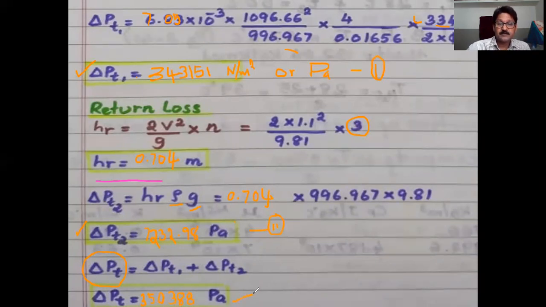So this is the calculation of 0.98. Okay, so right here, 0.98. Otherwise, 350.39. I hope you are getting it.